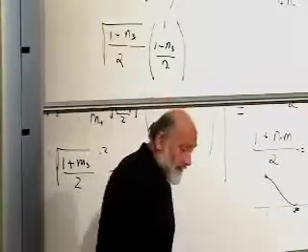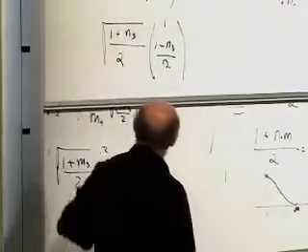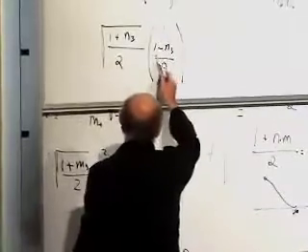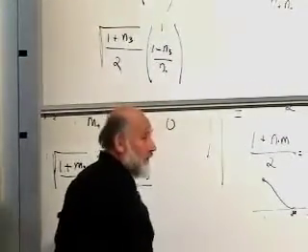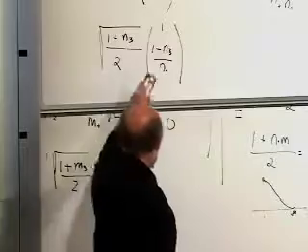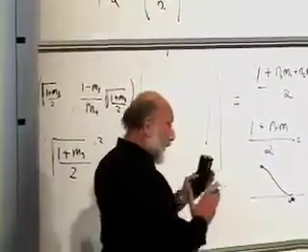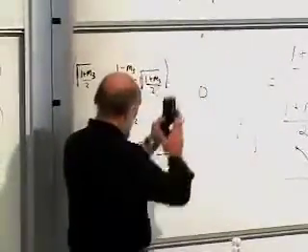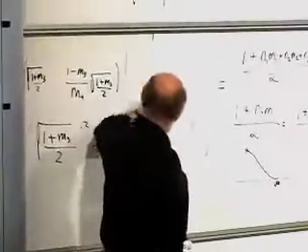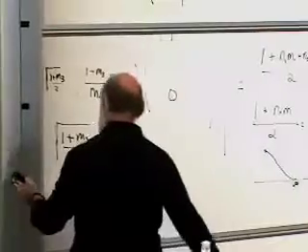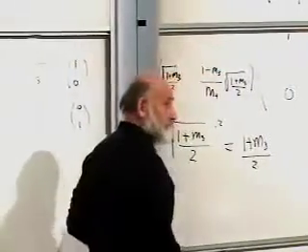So this just becomes 1. But 1 minus n3 would be 0. So in the special case where n is along the third axis, the eigenvector is just 1, 0. And it's the eigenvector then of just plain old sigma 3.